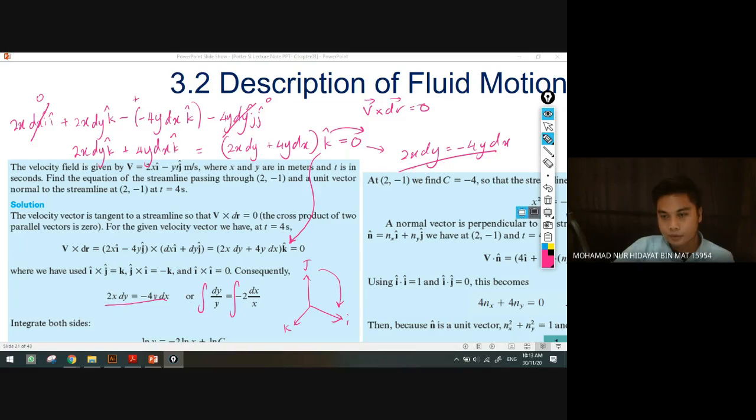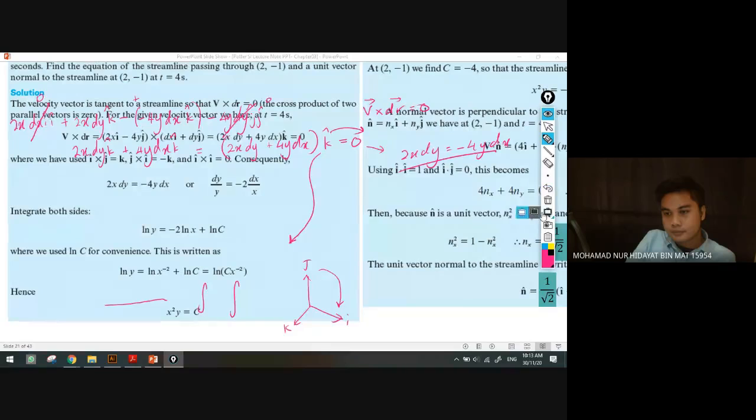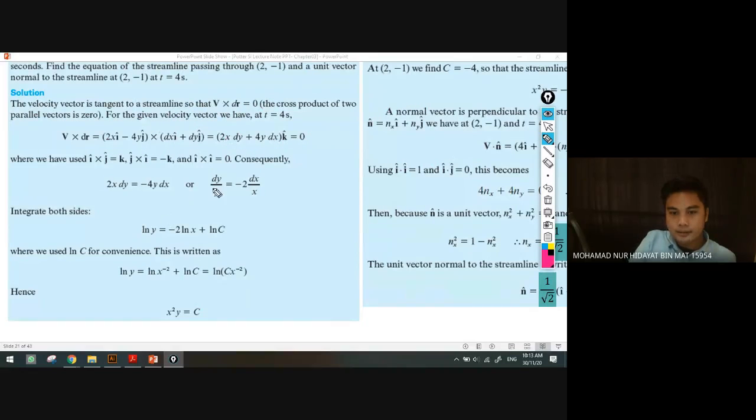Okay, you try to integrate this. You try to simplify: integration of 1 over y dy equal to negative 2 over x dx.